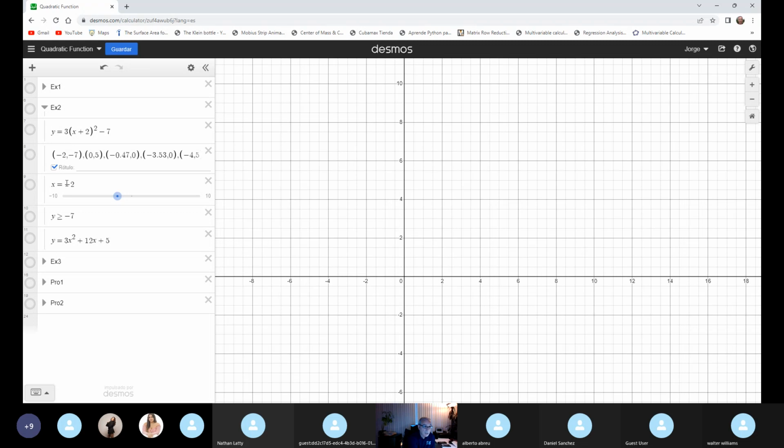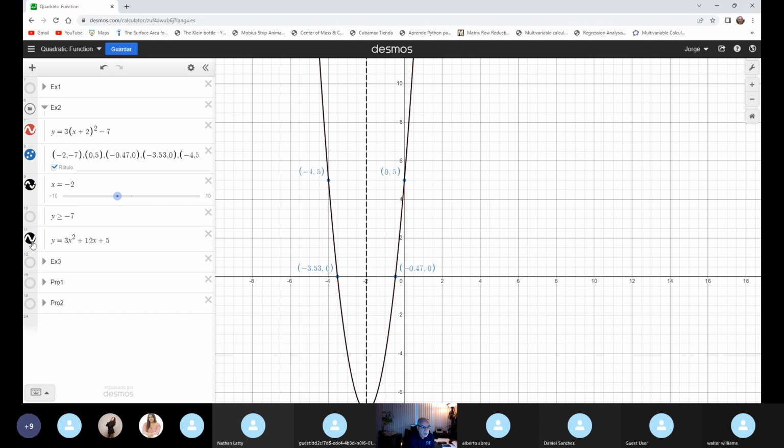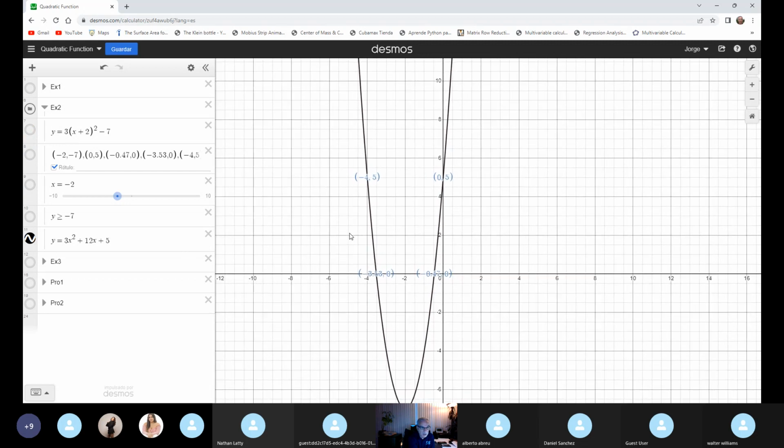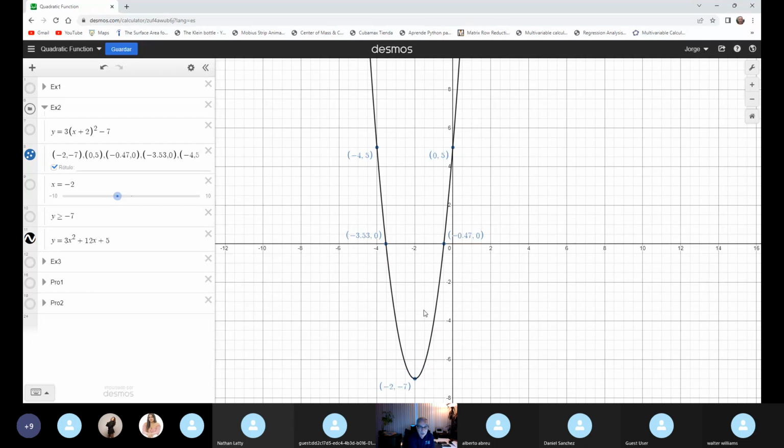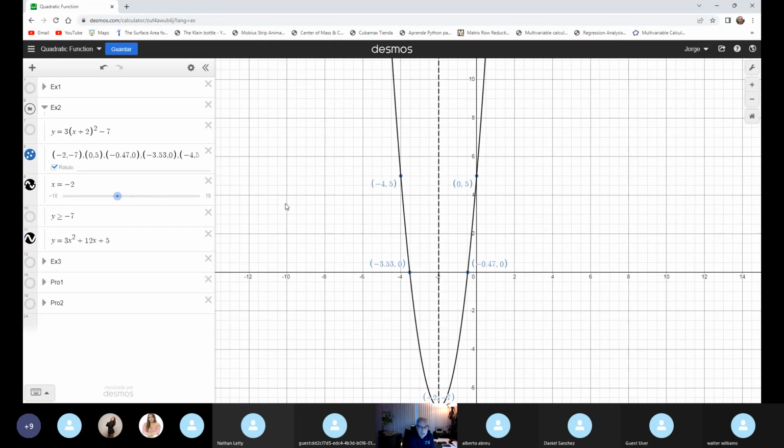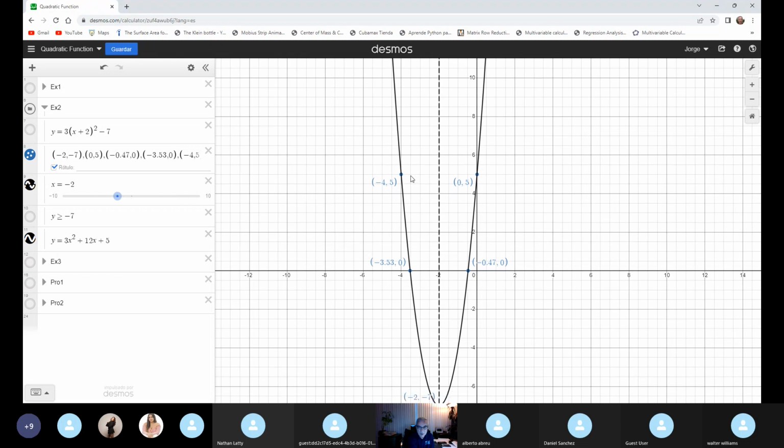I copy the original, given at the beginning. Let me remove this and this. The point is a point. What point? Well, we determined the y-intercept, determined the vertex, and I get 2, negative 7, and the x-intercepts. But remember the axis of symmetry, this line, and we can infer in an easy way another point here.